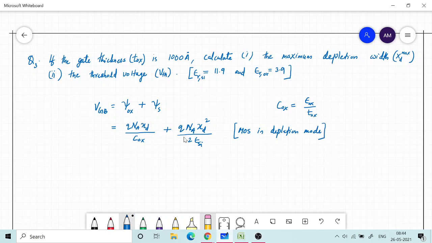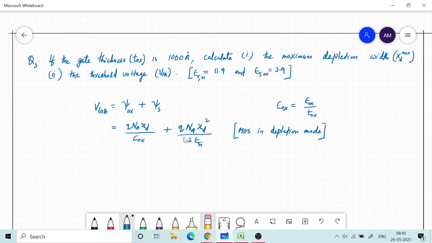Now as you increase this VGB, the only variable is XD, so we have expressed it in terms of XD.